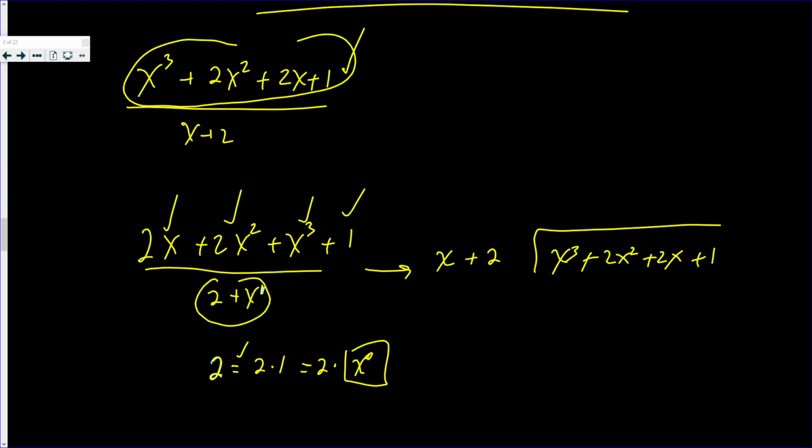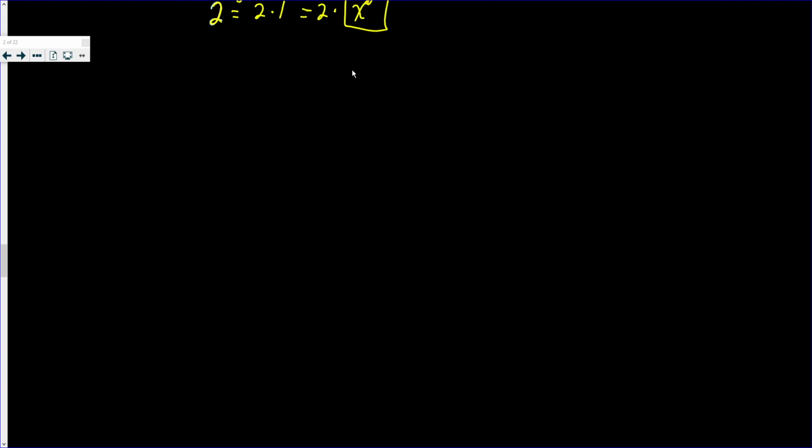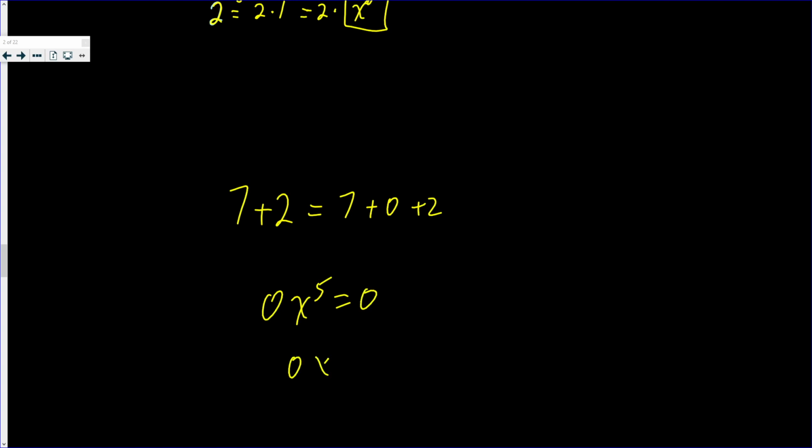In fact, in here, if there's any terms missing, you need to fill it in. Just understand that you can always add 0. 7 plus 2 is most definitely equal to 7 plus 0 plus 2. And 0x to the 5th is 0. 0x cubed is 0.